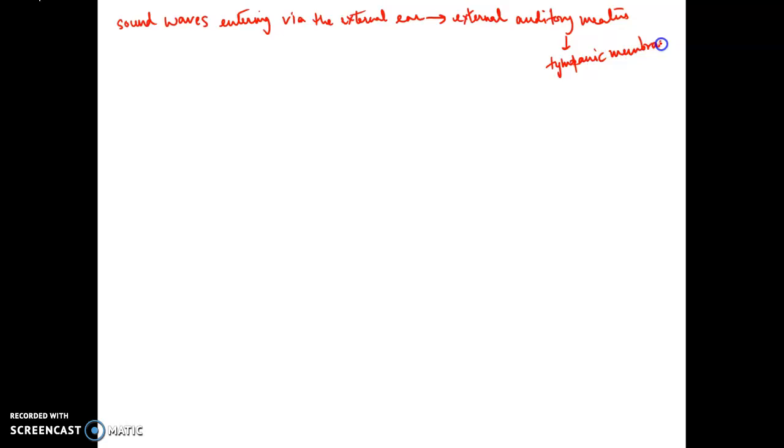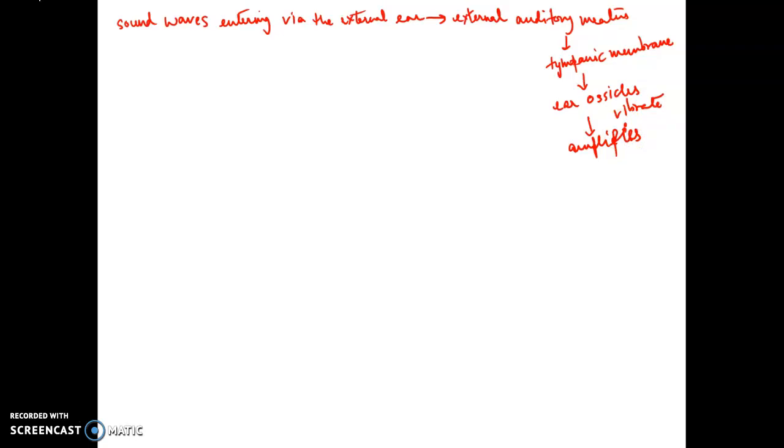Now, the tympanic membrane then starts vibrating, and as a result, the ear ossicles vibrate as well. As the ear ossicles vibrate, that amplifies the sound.